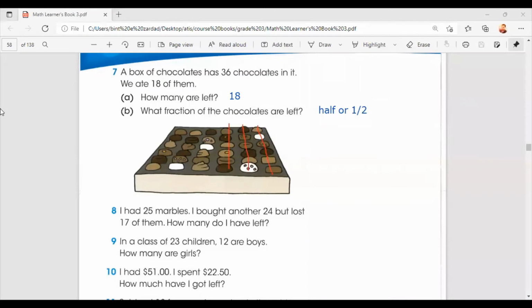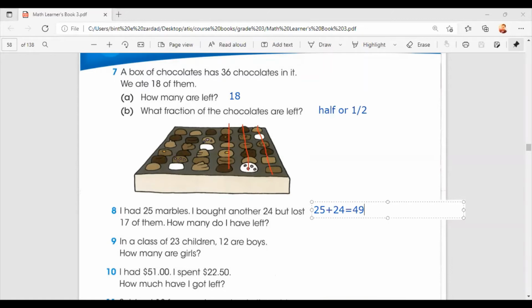I had 25 marbles. I bought another 24, but I lost 17 of them. How many do I have left? First of all, we need to add, then subtract. I had 25, and I bought 24 more, so it equals 49.